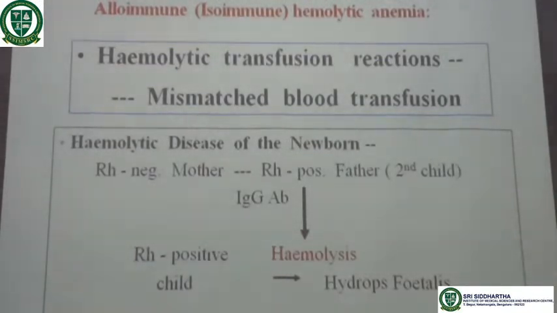This condition happens only when the mother is Rh negative and the father is Rh positive. If the mother is Rh negative and the husband is Rh negative, the child will be Rh negative because the Rh antigen is not there. If it is the opposite, mother Rh positive and father Rh negative, no problem, the baby will be Rh positive. If mother is Rh positive, baby is Rh positive, there is no incompatibility. So this happens only when the mother is Rh negative and the father is Rh positive.